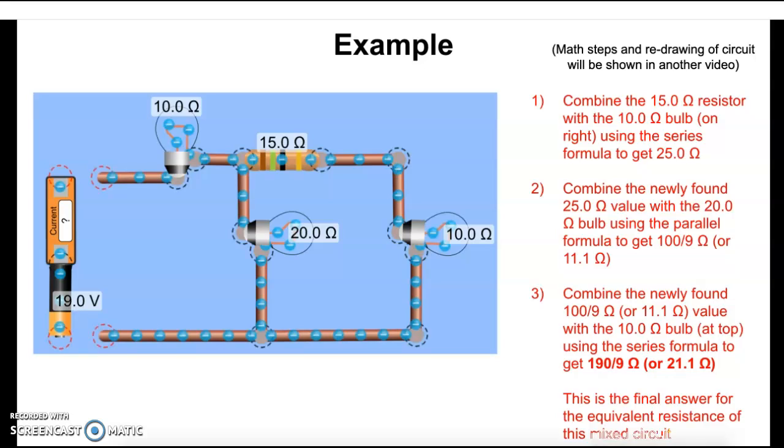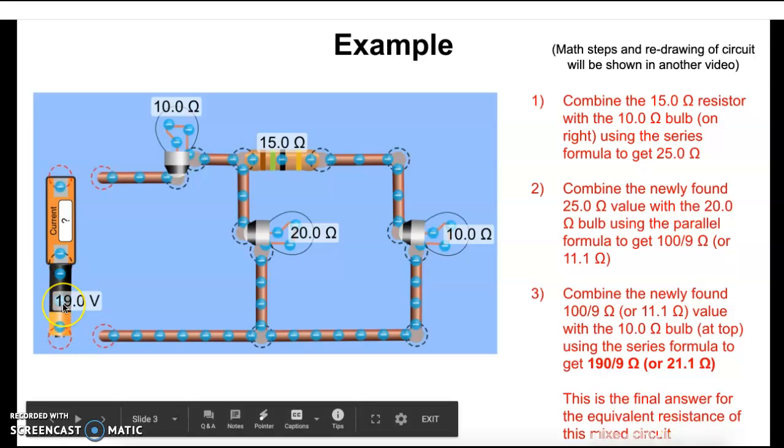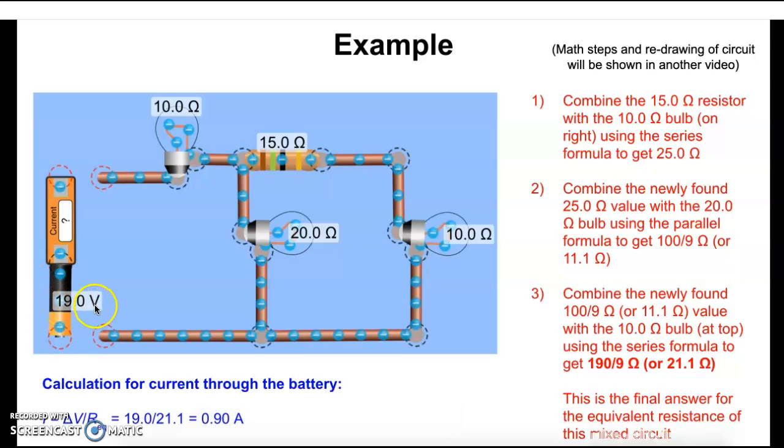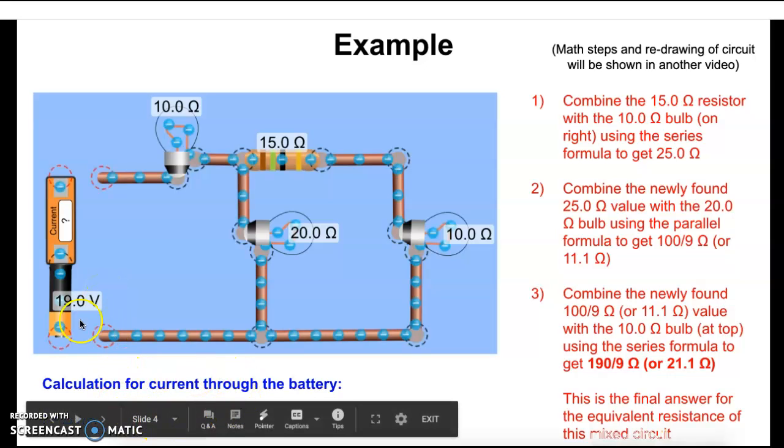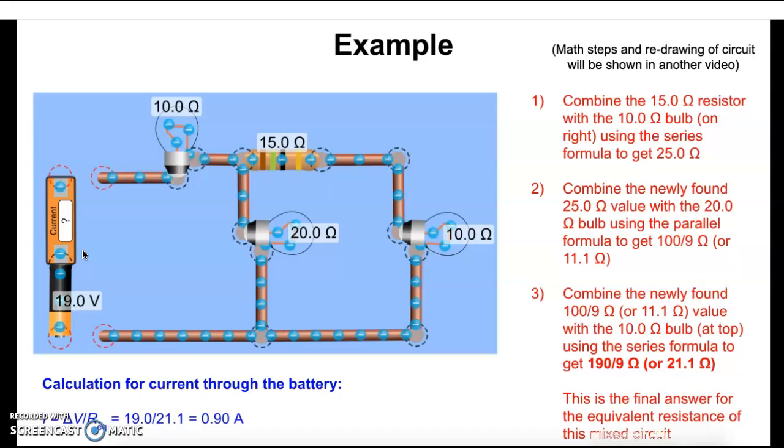So the equivalent resistance is 21.1 ohms. That's how much resistance this 19 volt battery is going to have to go up against. Here's a calculation for the current through the battery. It's Ohm's law, voltage divided by resistance.